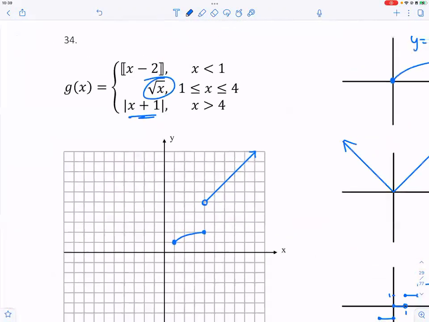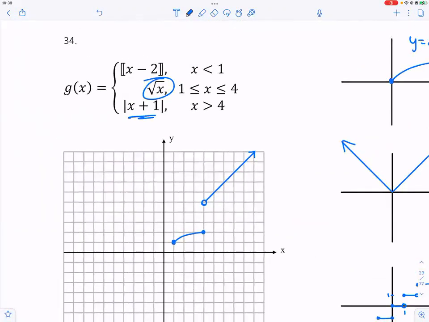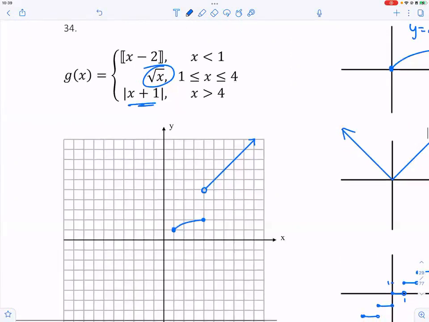And now let's go ahead and do the step function. So x is less than 1. So let's think about 0.9. Okay, let's just test it out for 0.9. If it's 0.9, you have 0.9 minus 2, which is negative 1.1.